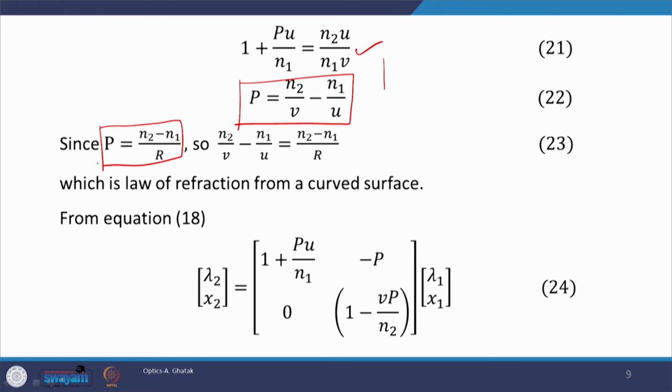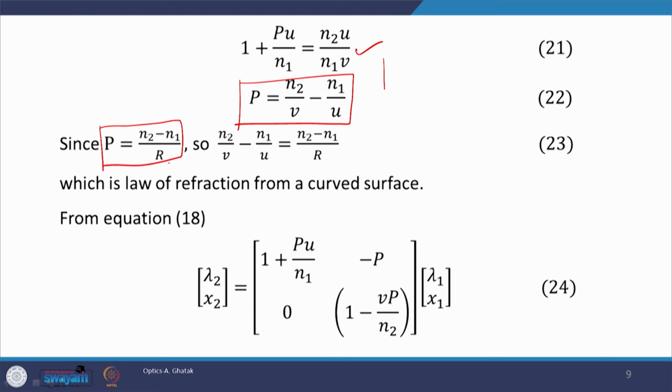N1 is the refractive index of the medium on the left hand side of the refracting surface, and N2 is the refractive index of the medium on the right hand side of the refracting surface, and R is the radius of curvature of this refracting or curved surface.